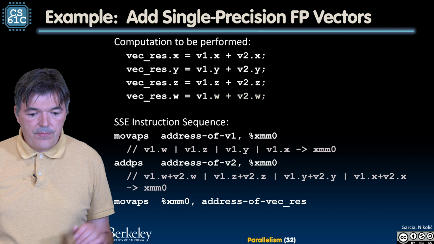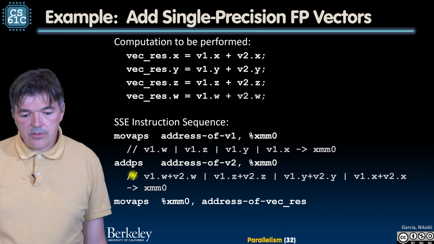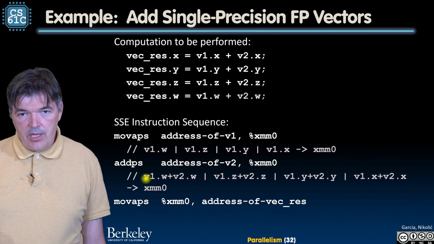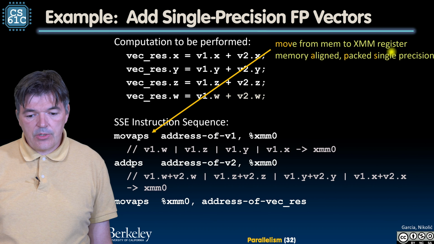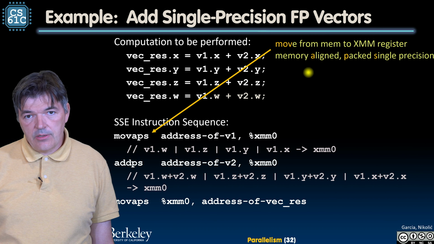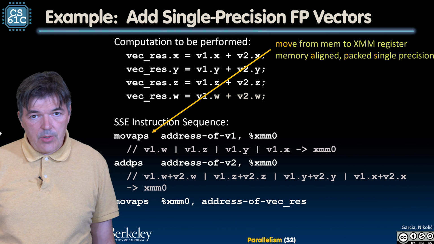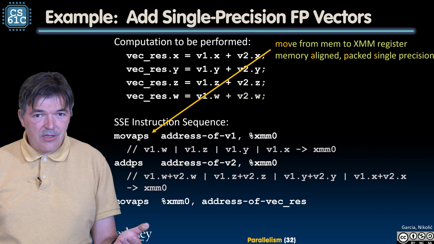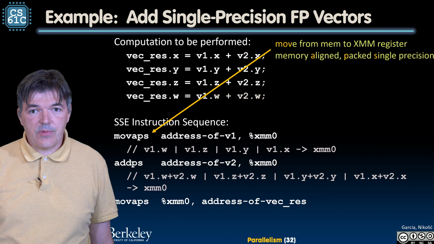So here is the code. There are 3 SSE instructions that are going to be executed, 2 moves and 1 add. The first move moves the data from the memory to the XMM register in a way that it is memory aligned, packed, single precision. Memory aligned means that the data is aligned to 128-bit boundaries that correspond to the vectors here.